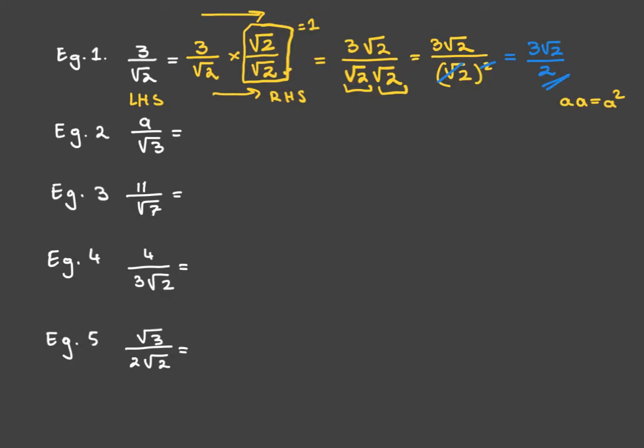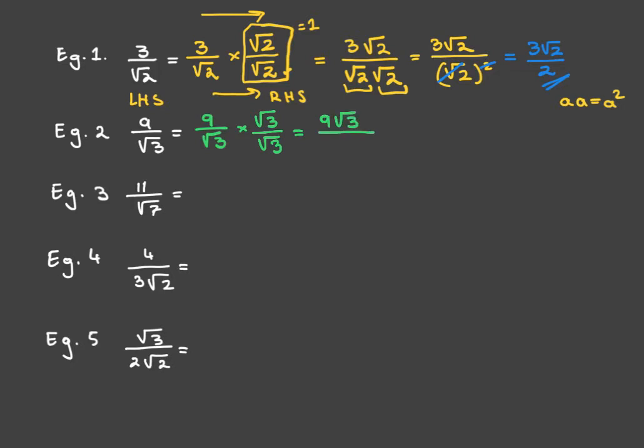Now let's have a look at the second example. Let's go with green. So we still repeat this, and please do so. We're going to multiply by 1, which looks like square root of 3 over square root of 3, equal to 9 times square root of 3 over.